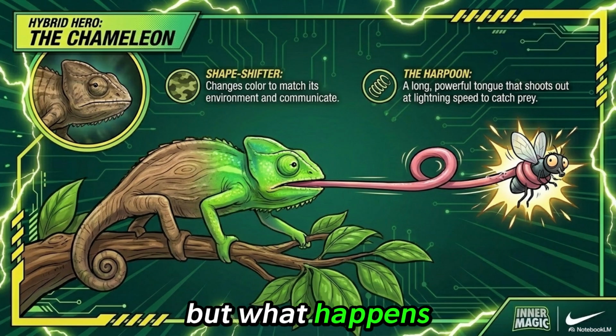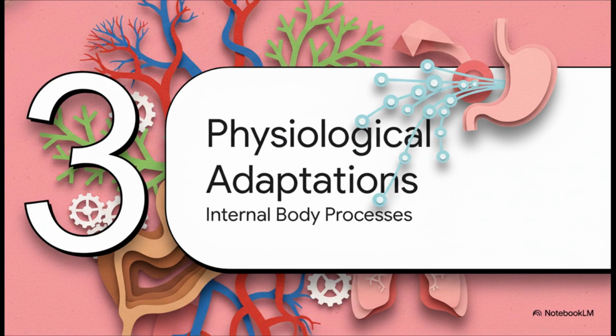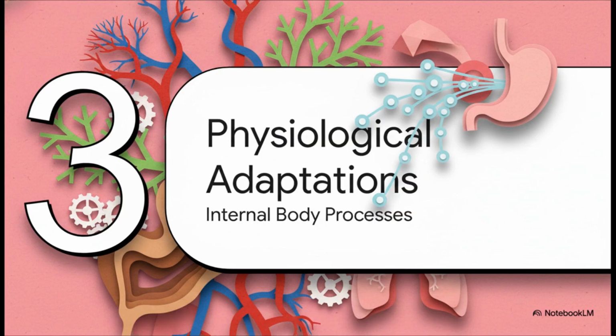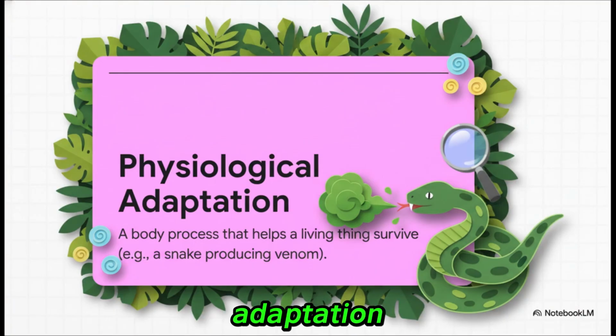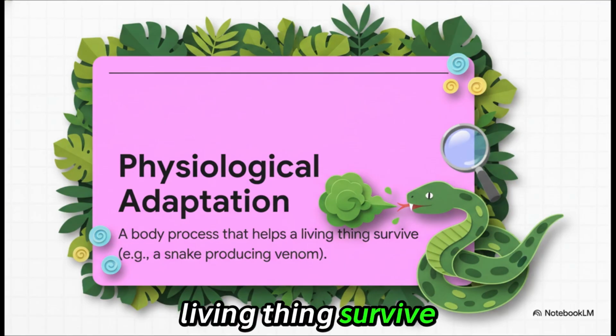But what happens when the mechanism for survival operates entirely inside the animal's body? Well, that brings us to section 3, physiological adaptations. We classify this as a physiological adaptation. This is formally defined as an internal body process that helps a living thing survive.